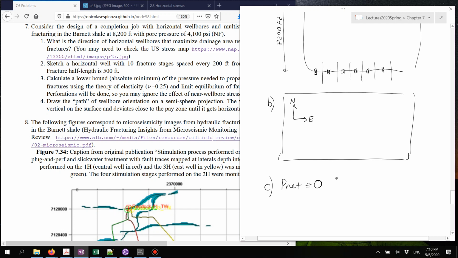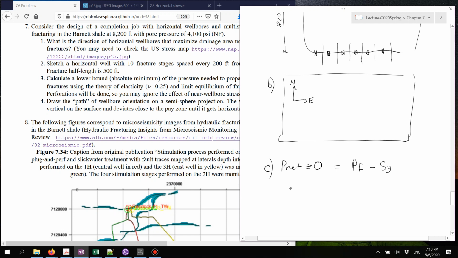And we know that net pressure is equal to the pressure in the fracture minus the minimum principal total stress. So if this value is equal to 0, what I'm really asking for here is the value of the minimum principal stress S3.